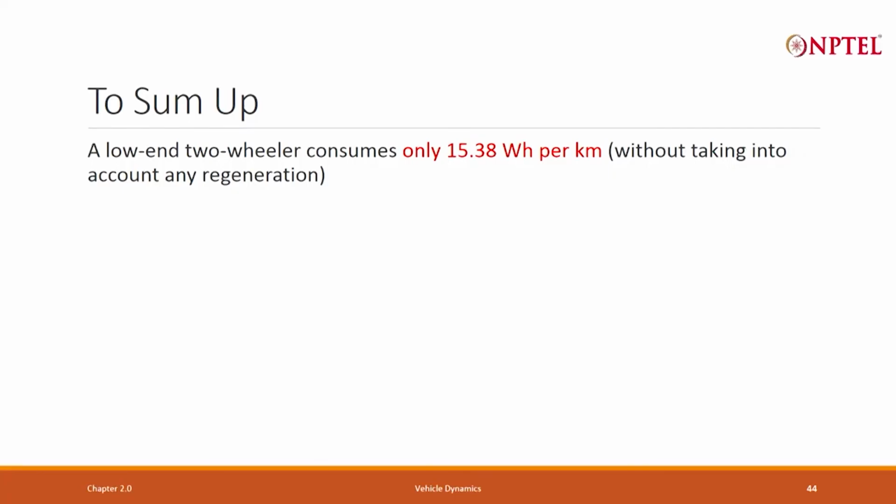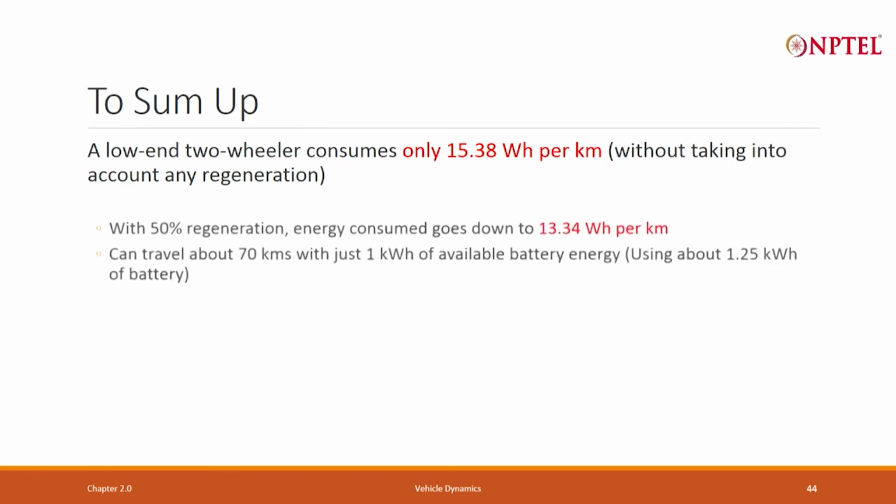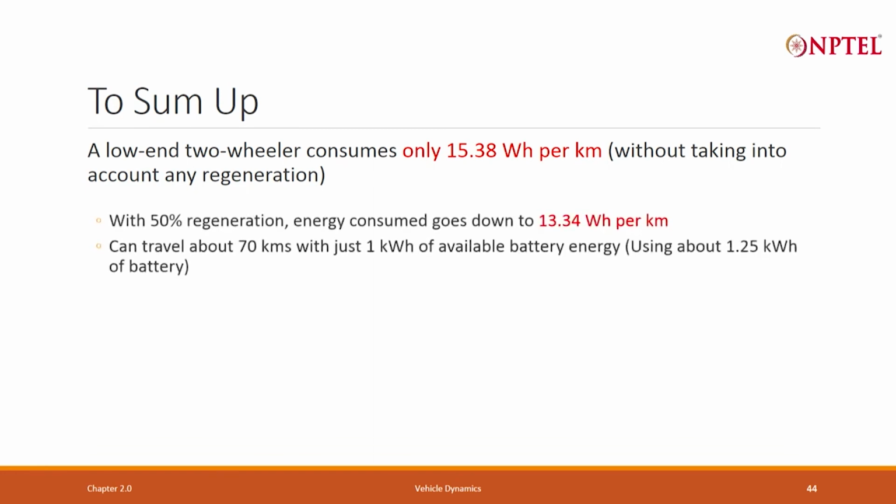Actually, to sum up, a low end two-wheeler consumes only about 16 watt hour per kilometer without taking into account regeneration. As I told you, 50% regeneration gives you very good results. So, it can travel 70 kilometer in 1 kilowatt hour. We will assume that 1.25 kilowatt hour is the actual battery.